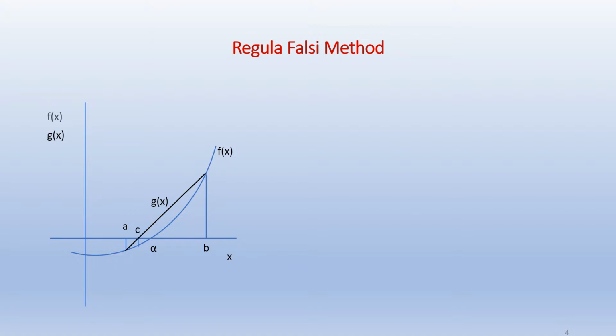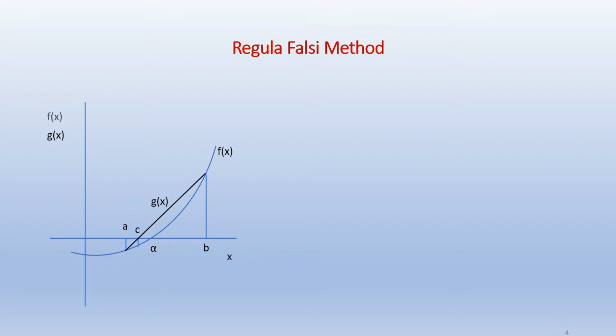So we need to identify 2 points a and b between which the exact root lies. What we do first is instead of f of x, we consider a line between f of a and f of b, and we call it g of x. So we are linearizing the nonlinear function, and we identify the location c based on that.